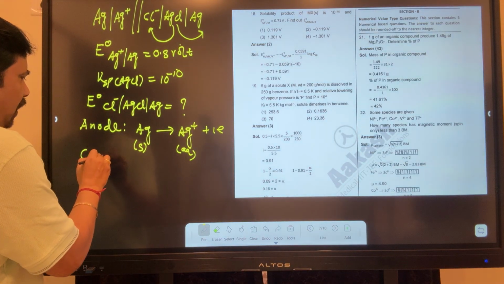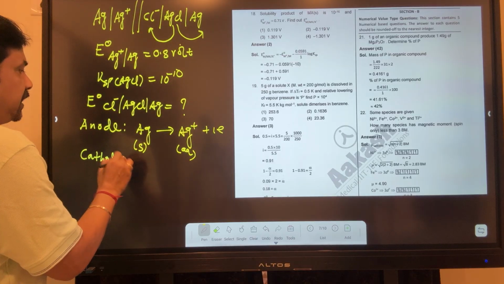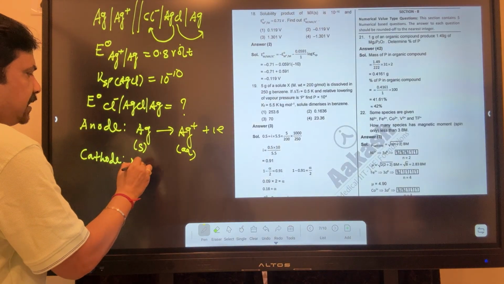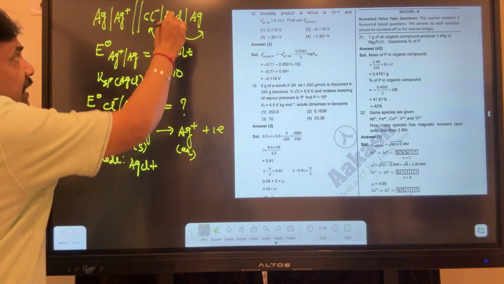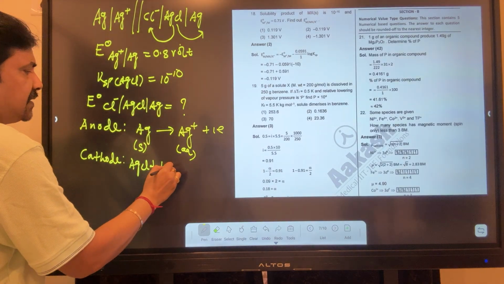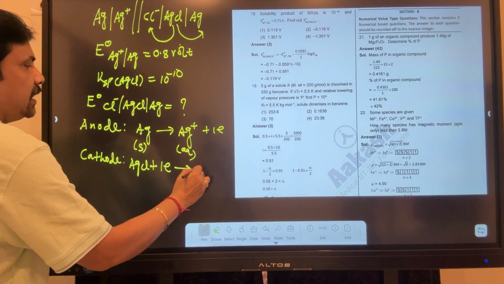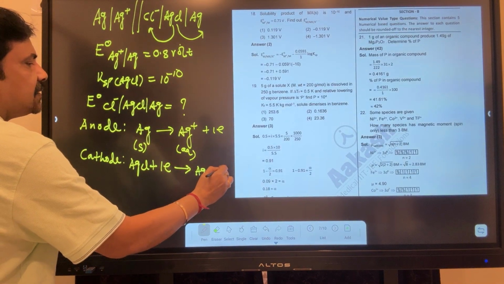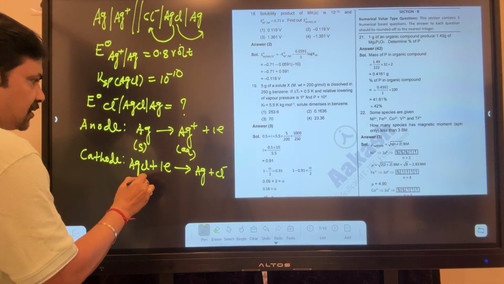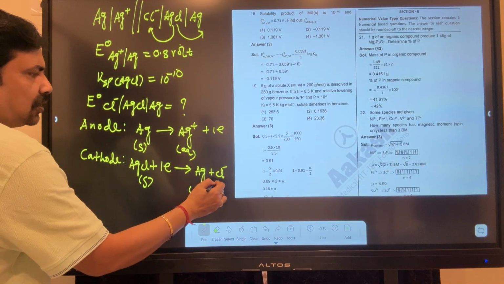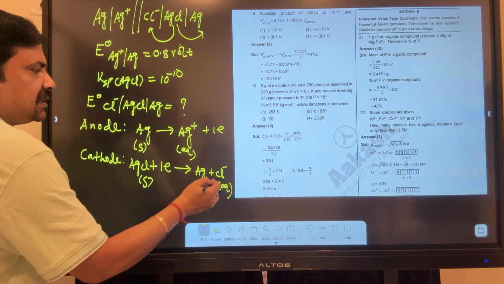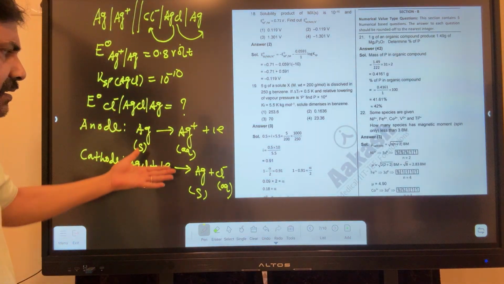Now cathode means reduction. So at the cathode, AgCl is converting to Ag and Cl minus. AgCl is taking one electron, converting to Ag, and Cl minus is free. This is solid, this is solid, and chloride ion concentration is aqueous. This is the cathode reaction.